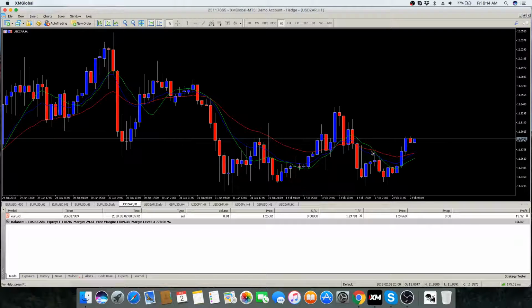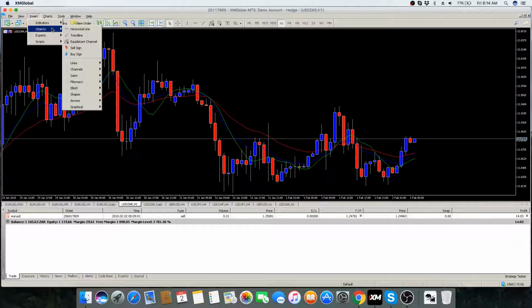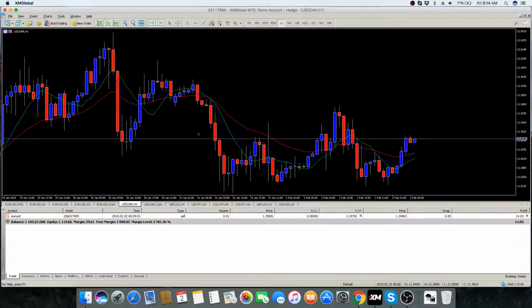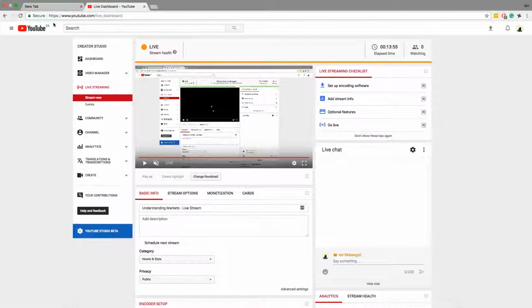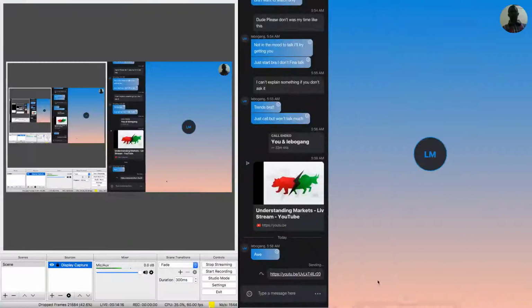When it comes to my indicator, if I see the market do this, yeah, I know, I can't do anything about it. Okay, just hold on. Let's just see.